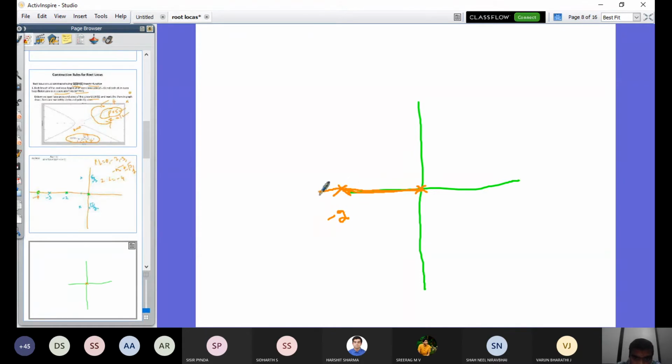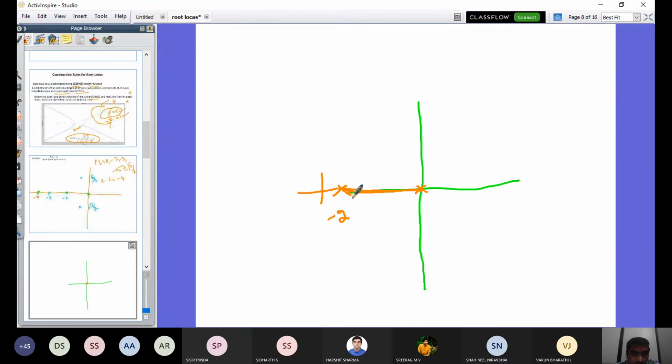Put your hand here. In the right half of the segment, how many poles are there? One, two. Two poles. So after -2 there won't be any root locus on the axis, because the number of poles and zeros is even, not odd.